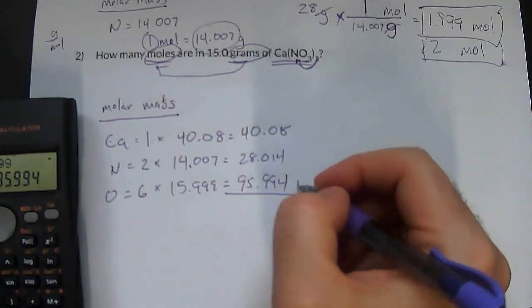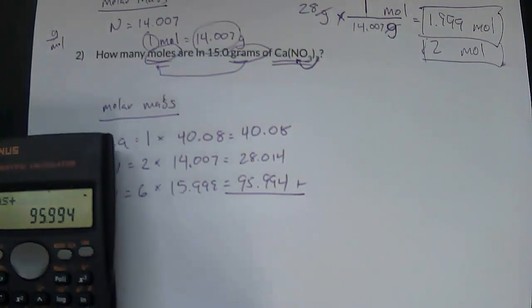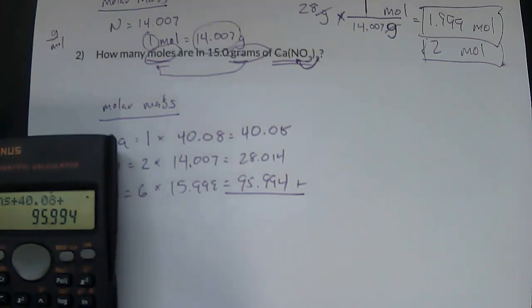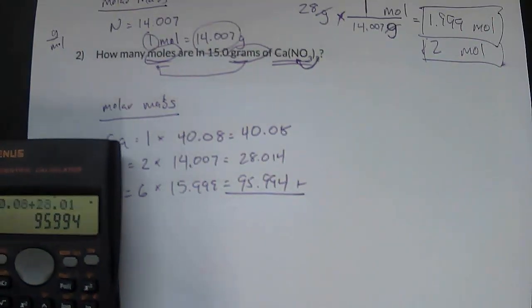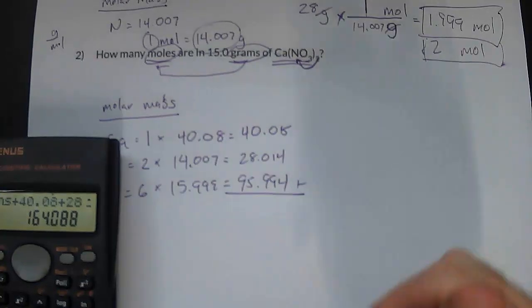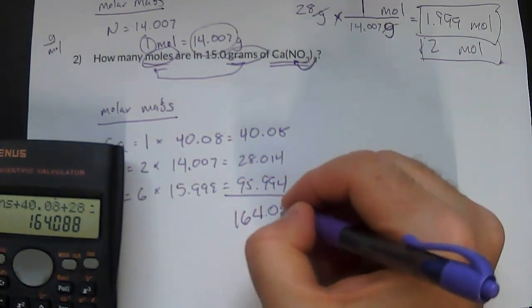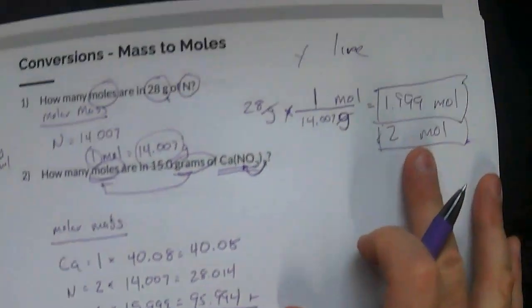We add these up: 40.08 plus 28.014 plus 95.994 is 164.088.